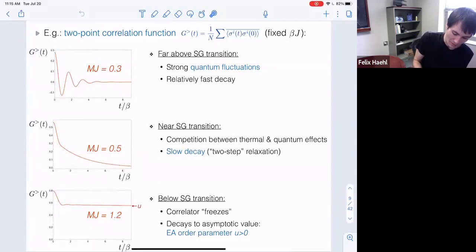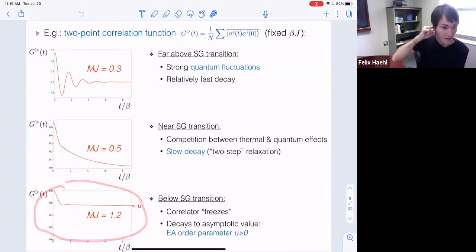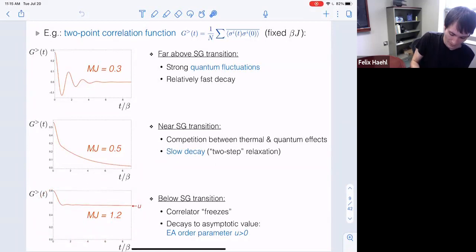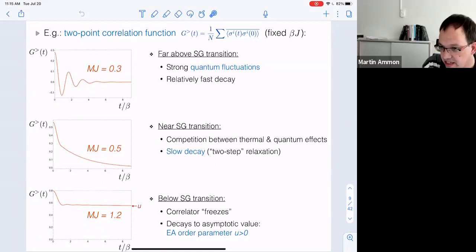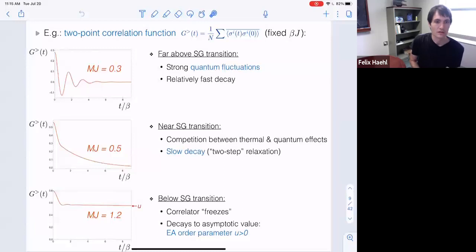As you can see in this third plot in the spin glass case, you still have some similar scale here, which is still at the same place. So this is for fixed beta times J, I guess. This is for fixed temperature, yes.